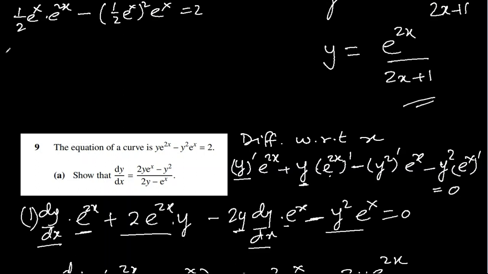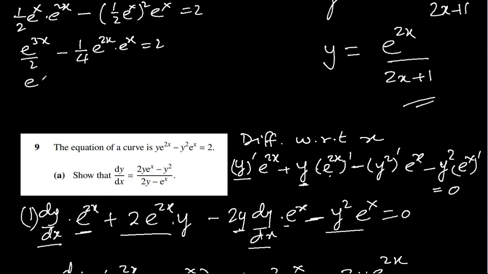So let's see, this becomes e to power 3x over 2. This one will be squared, so let's do it one by one. 1/4 will be the square of half, e to power 2x will be the square of this, and e to power x equal to 2.